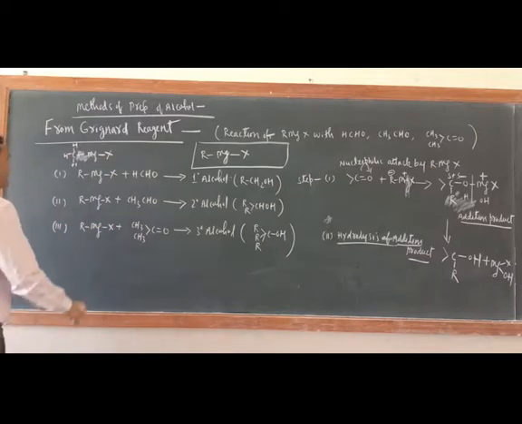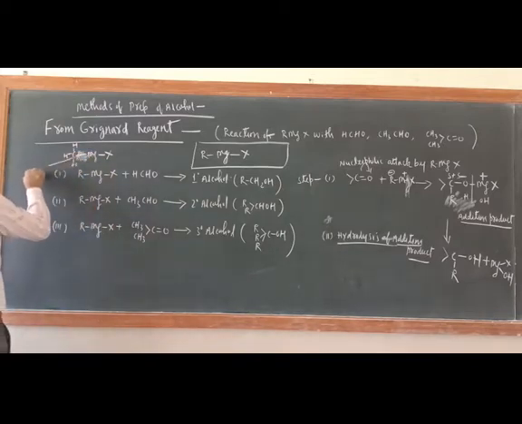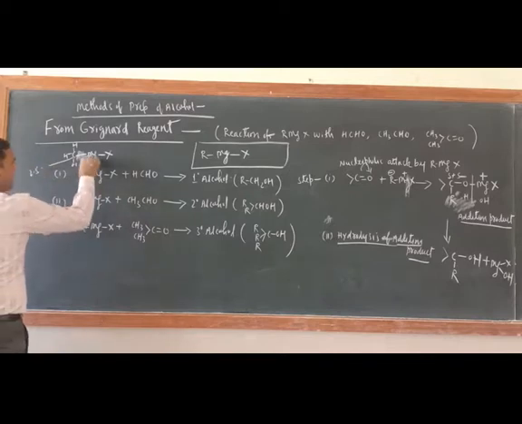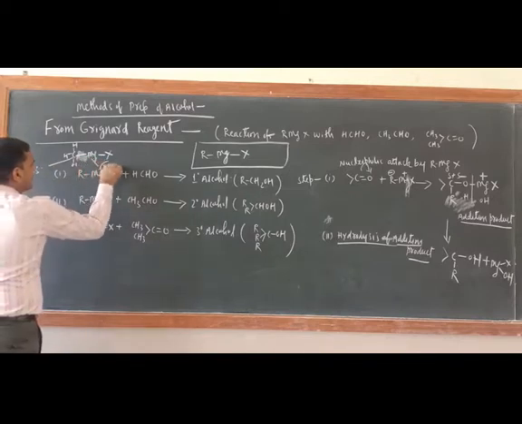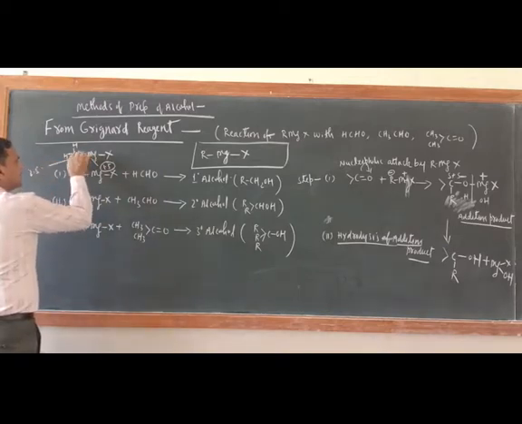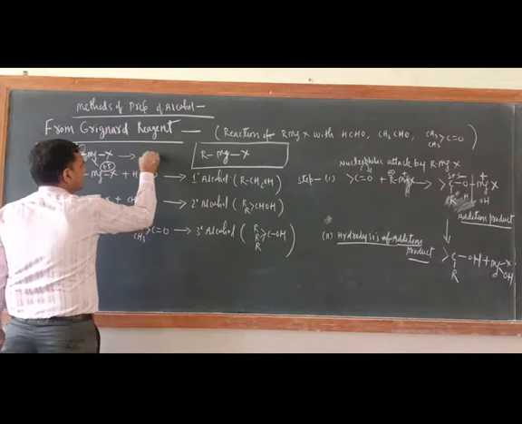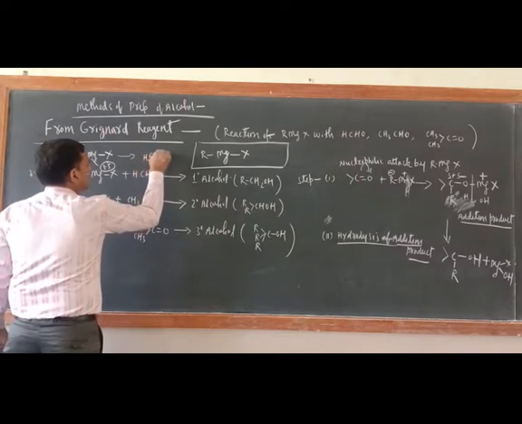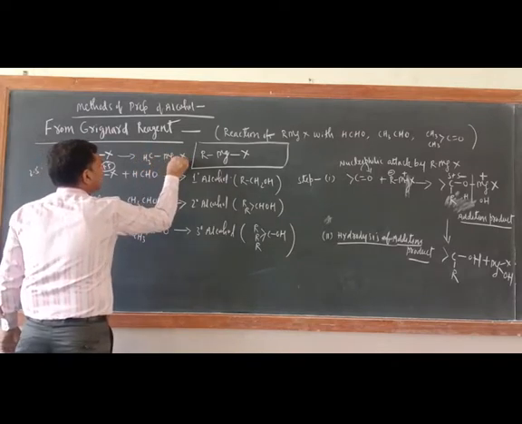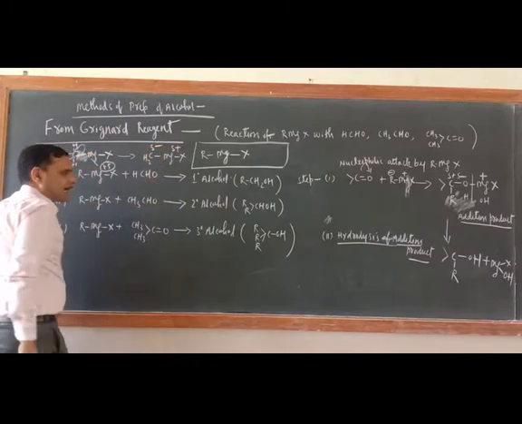Now try to understand. The electronegativity of carbon atom is 2.5 and magnesium is 1.5, so which is more electronegative? Carbon is more electronegative. So the bond pair electron present between carbon and magnesium will be shifted toward the carbon side. Now in CH3MgX, magnesium is slightly positive and this carbon atom is slightly negative.